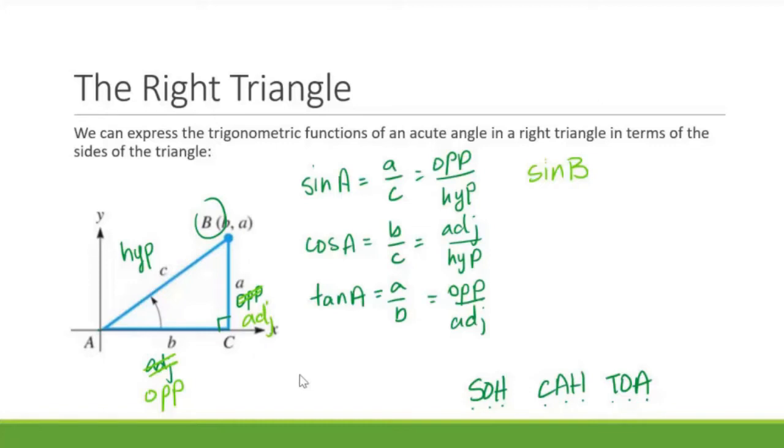In fact, that's always the first side that I label in a triangle. So the sine of angle B then is opposite over hypotenuse, or b over c. The cosine of angle B, adjacent over hypotenuse, in this case is a over c. And the tangent for angle B is b over a.